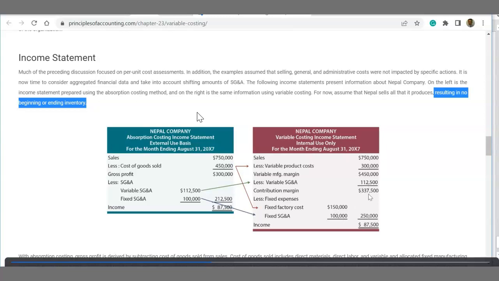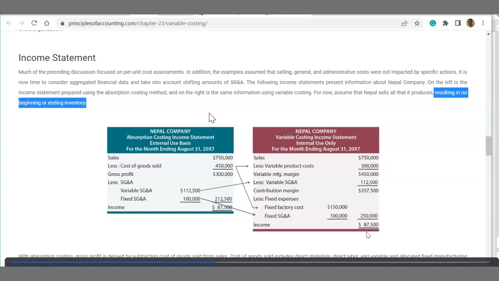So what is contribution margin? One more time. Contribution margin is a dollar amount after deducting all variables from sales, available to pay for fixed expenses and have some profit left. However, if you see here, 87.5 is exactly 87.5 on the other side.